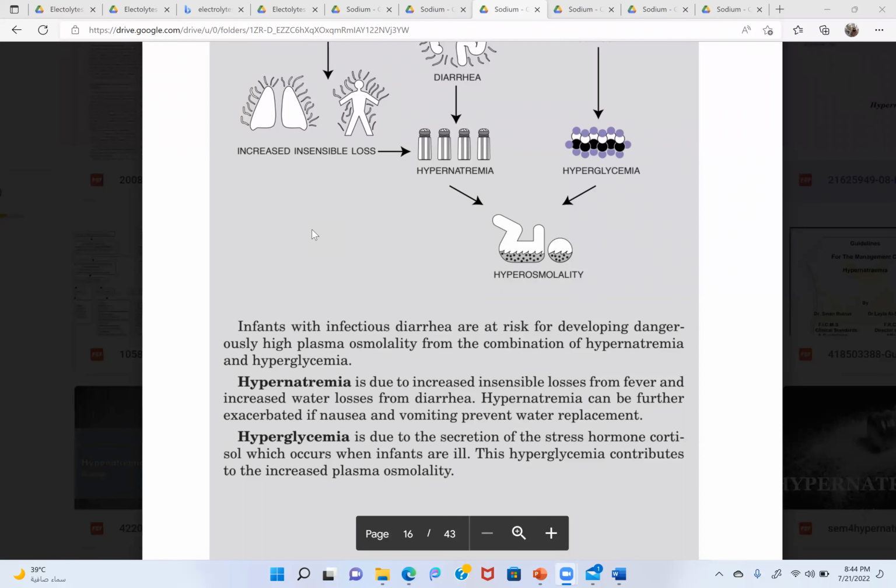No, I have doubt, let me check. 5% dextrose is not isosmolar. No, sir, all dextrose solutions are isotonic, like Ringer and normal saline. Okay, let me check, but I think 5% is not isosmolar, it's hyposmolar.